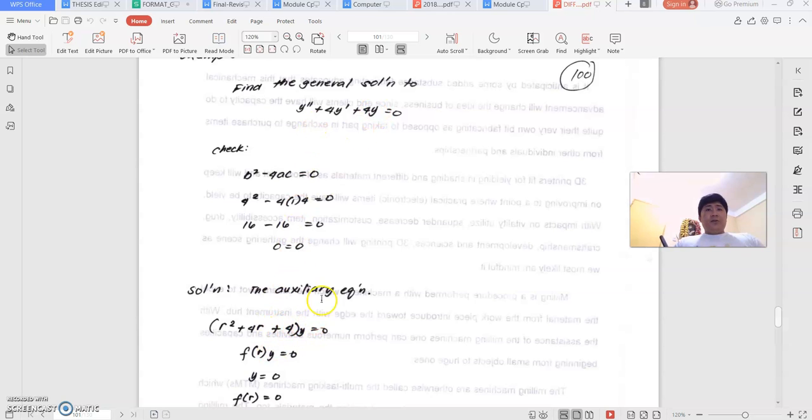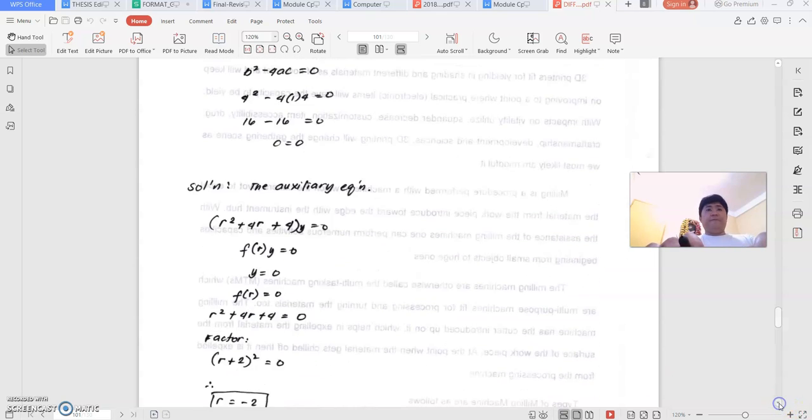Then, since this is f of r times y, kanunay dyan na siya, basta inganing case linear of y, na dyan na siya y ani, di ba? So when you factor this one, we only need the f of r. Since y is equals to 0, kung factor na nimo, ang usa ka factor is r squared plus 4r plus 4. Ang other one is y equals to 0.